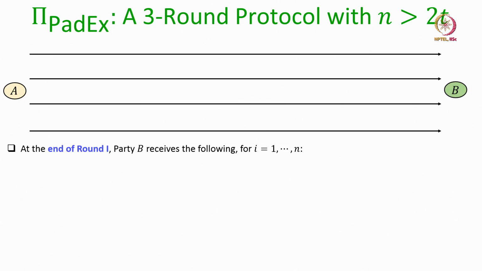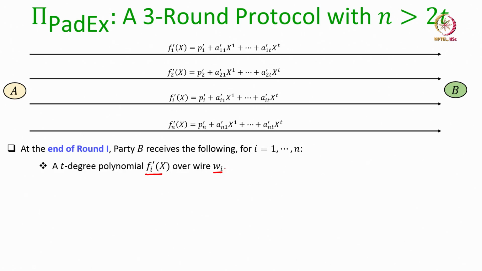Now, at the end of round 1, party B will receive some t degree polynomial over the wire Wi. I am using a notation with prime to denote the polynomials which are received by the node B, because if the wire Wi is corrupt, then the received polynomial could be different, whereas if the wire Wi is not corrupt, then the received polynomial will be the same as sent by the sender.